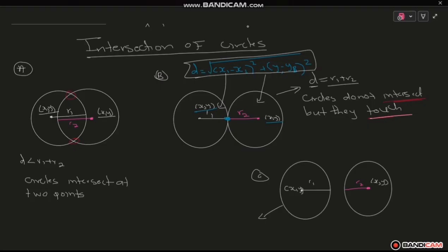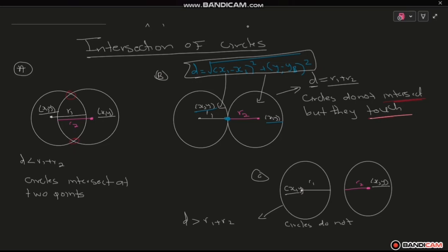Then option number 3 or C. So D here will be greater than R1 plus R2. As you can see, the circles, they are not touching. So you're going to use those coordinates of the centers. You find their distance using the distance formula.